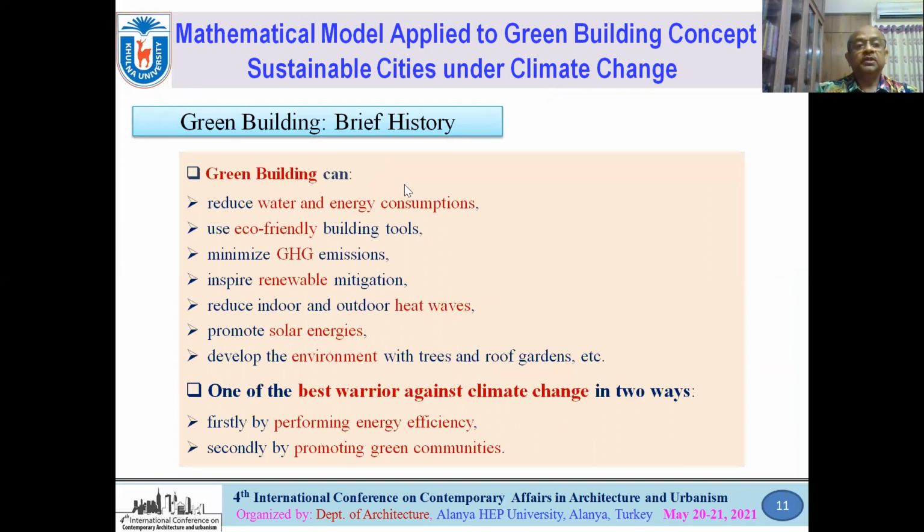Green building can reduce water and energy consumption, use eco-friendly building tools, minimize greenhouse gases, inspire renewable mitigation, reduce indoor and outdoor heat waves, promote solar energies, and develop the environment with trees and roof gardening. So it is the best barrier against climate change in different ways. Firstly, performing energy efficiency, and secondly, promoting green communities.